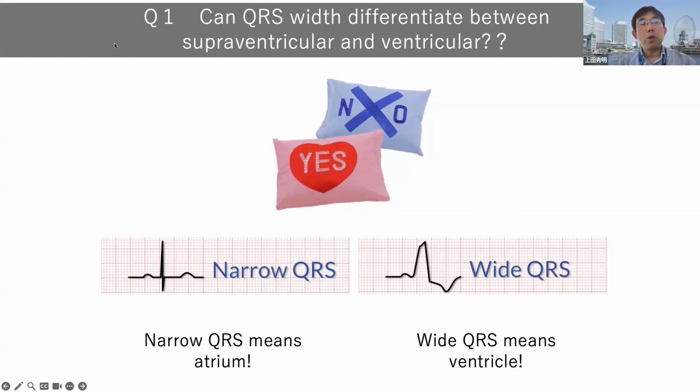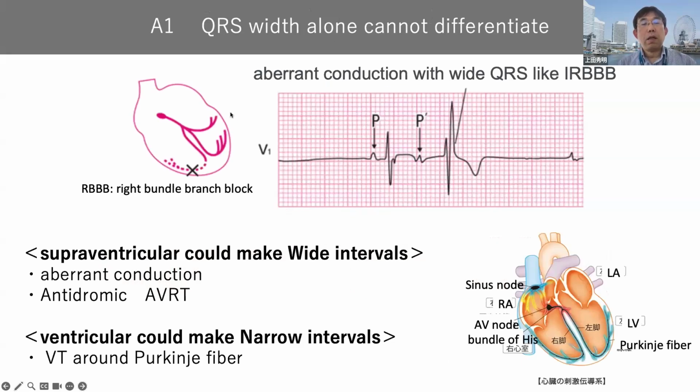So the question is, can we differentiate between supraventricular and ventricular origin by QRS? The QRS alone cannot differentiate it. This is a very important point because aberrant conduction with wide QRS like IRBBB can happen.